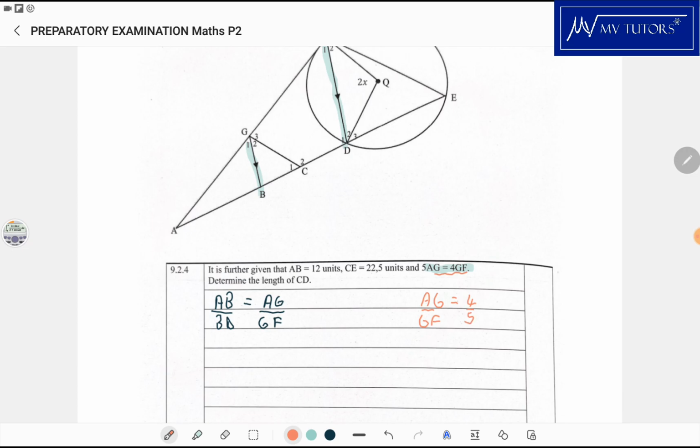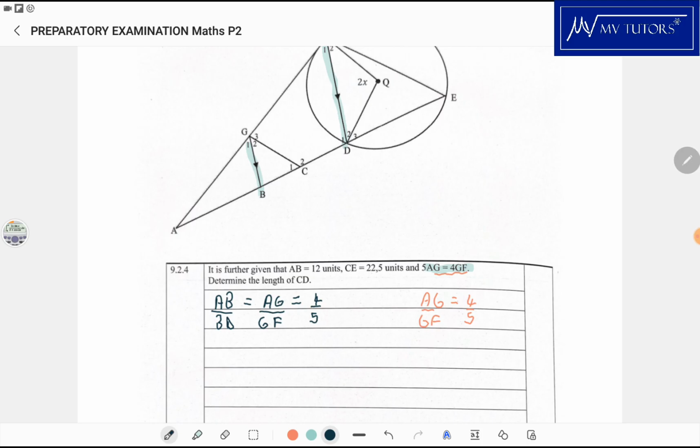All I did is cross multiply so that I have variables on one side and numbers on the other side. So when I come back here, I'm gonna say all of this is equal to 4 over 5.